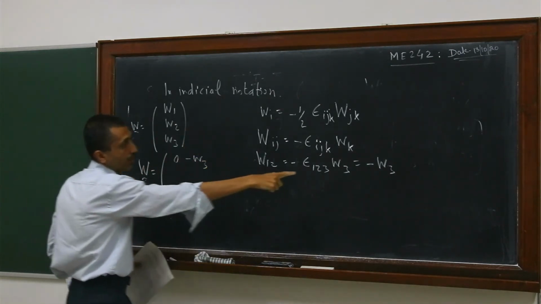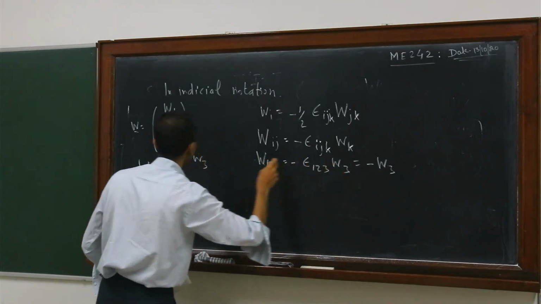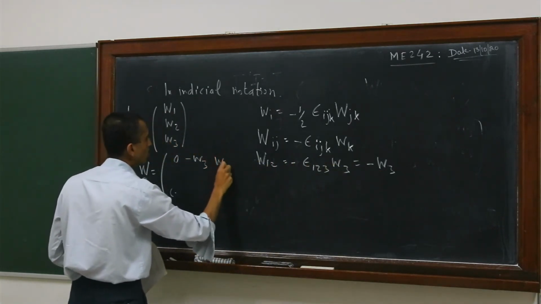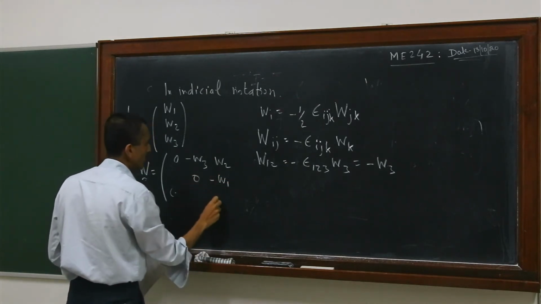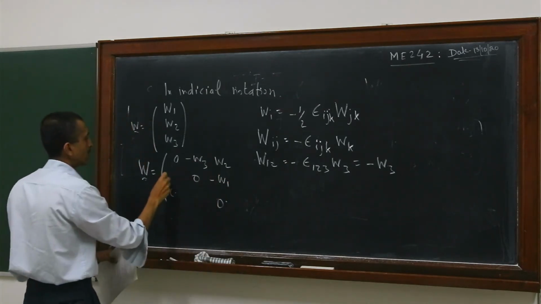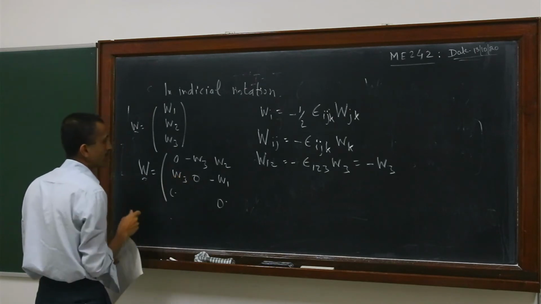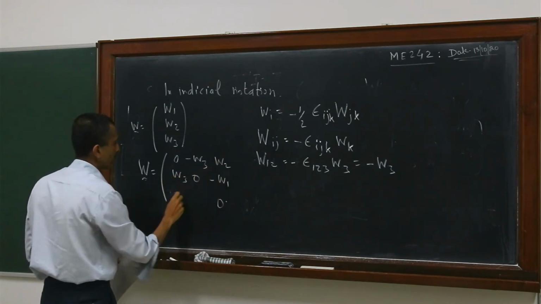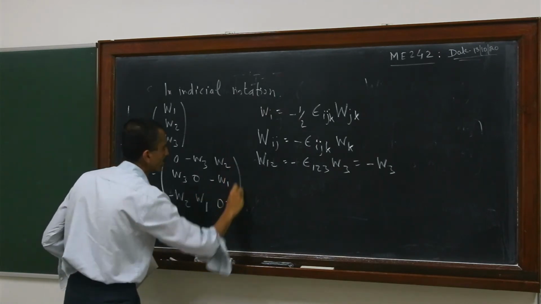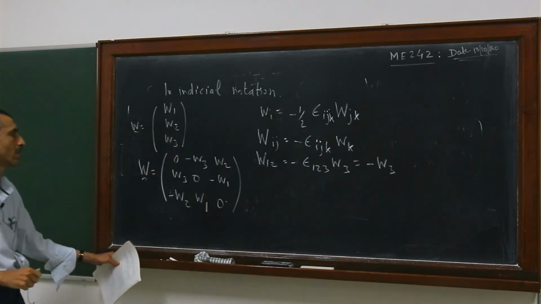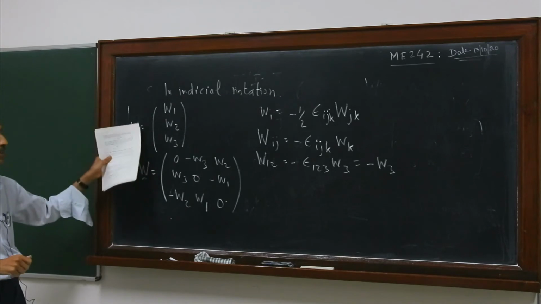This is what I computed, the W12 was this one. Then this will be W2. This will be minus W1. Then this is 0, this is 0. Then again, this has to have the opposite sign: W3. Then this is minus W2. This is W1. So this is the skew symmetric tensor of which this is the axial vector.